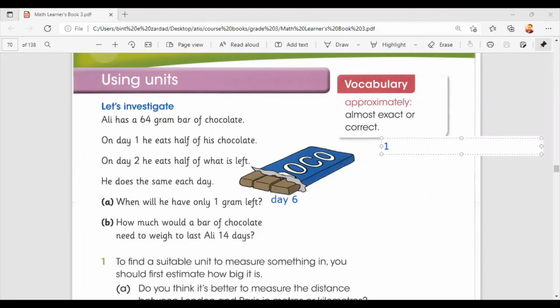Day 1, or I just write day 1. It's starting from 1. Day 2, where I know it's coming 1, or day 1 it's remaining 1, because when will he have only 1 gram left after the 6th day? That's what we are talking about. After the 6th day he has only 1 gram. So day 1 he has 1, day 2 it's 2, then double.